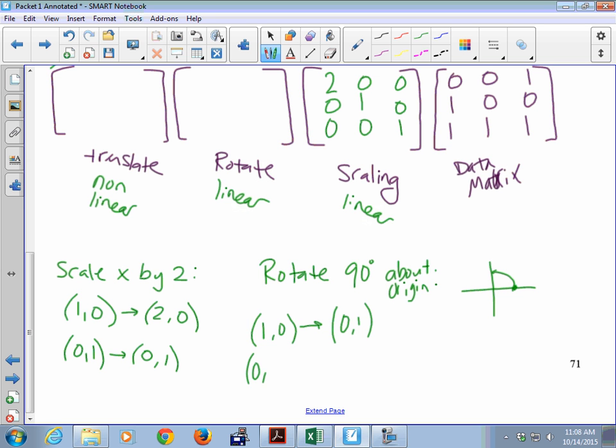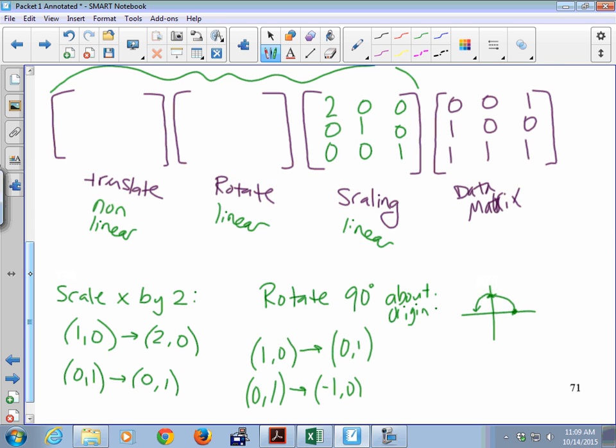And where does 0, 1 go? It goes to negative 1, 0, rotating in the same direction. Those are the columns of your standard matrix. So I do my L, 0, 0, 1, 0, 0, and in the remaining 2 by 2, I put these 2 points as my columns: 0, 1, and negative 1, 0.